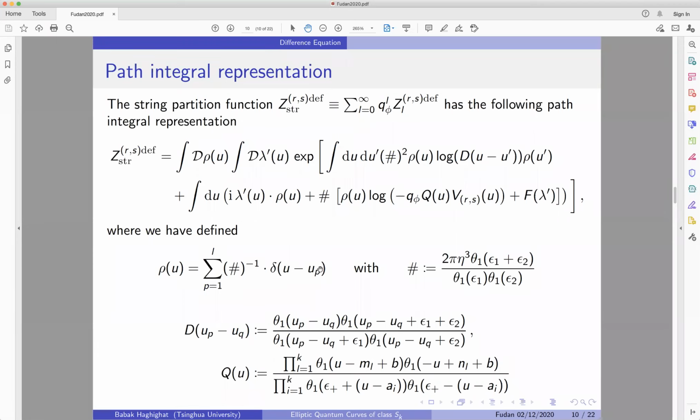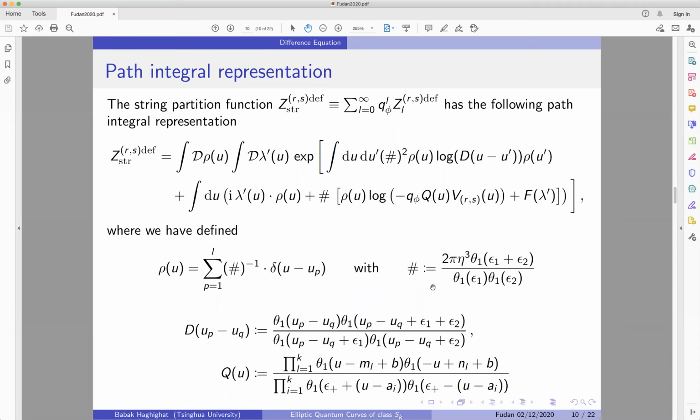And you have to integrate over all these guys, and also integrate them over u. If you take this d to be this particular ratio of theta functions, you can think of this d as arising from the gauge multiplet of the 2D theory, and this q as the matter fields of the 2D quiver.